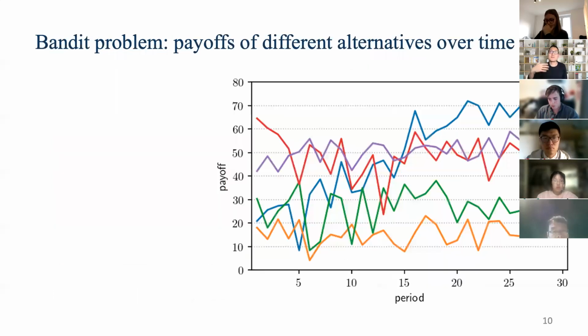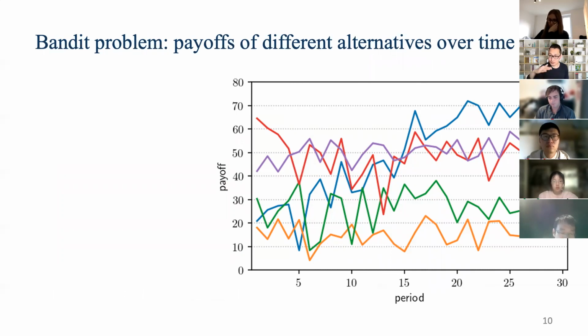And then the bandit problem. You see here the payoffs of different alternatives over time, right? We have 5 different alternatives, each in a different color. The corresponding payoff follows some distribution, and I will show you the distribution later.